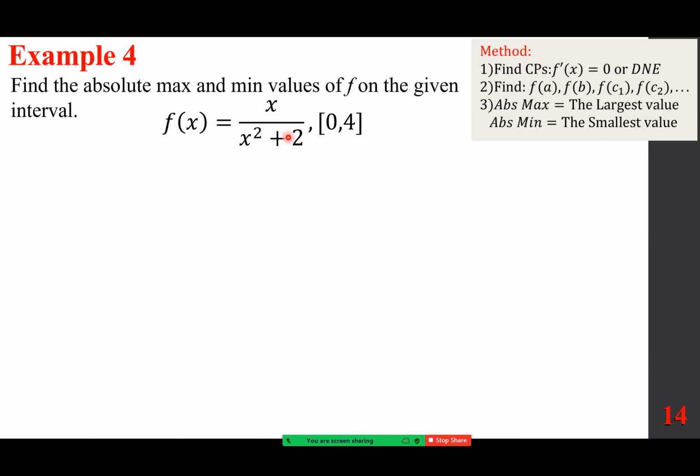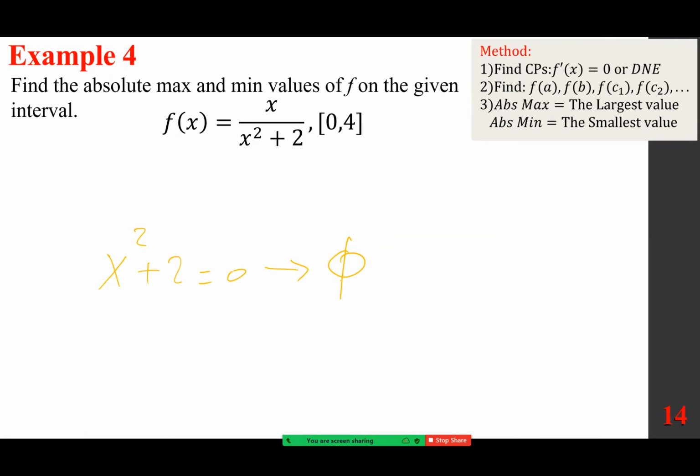As you can see, the denominator can never be 0. Why is that? Because you have x squared plus 2. So if you set the denominator equal to 0, that gives you no solutions. Therefore, this rational function is continuous from negative to positive infinity.